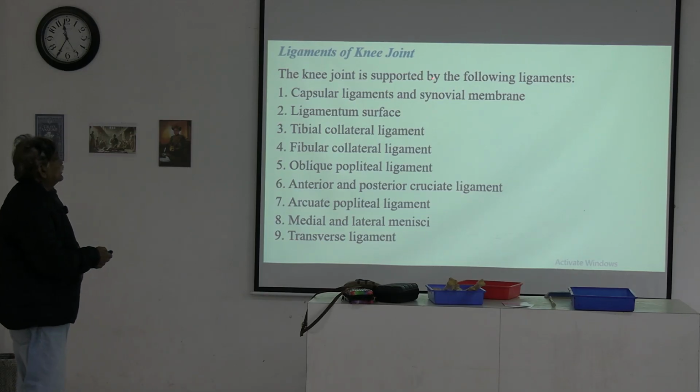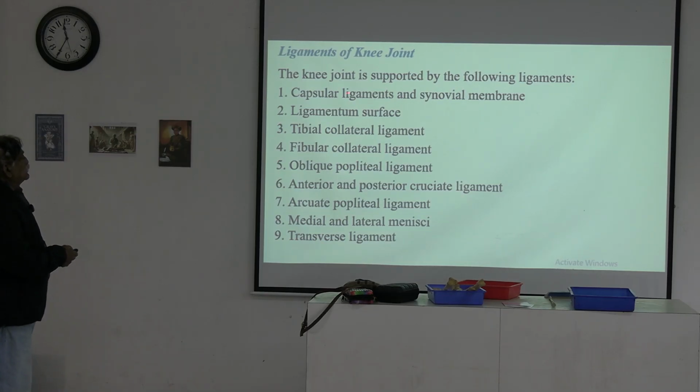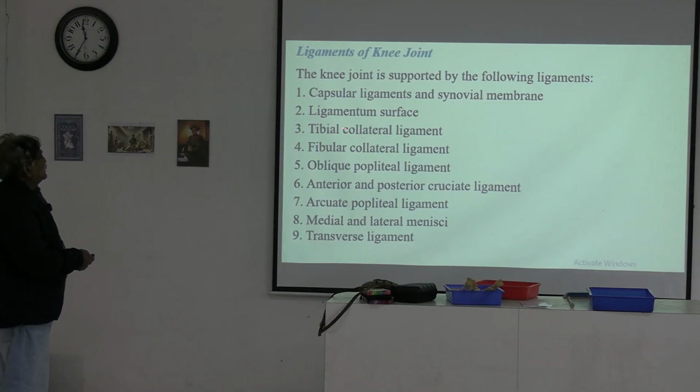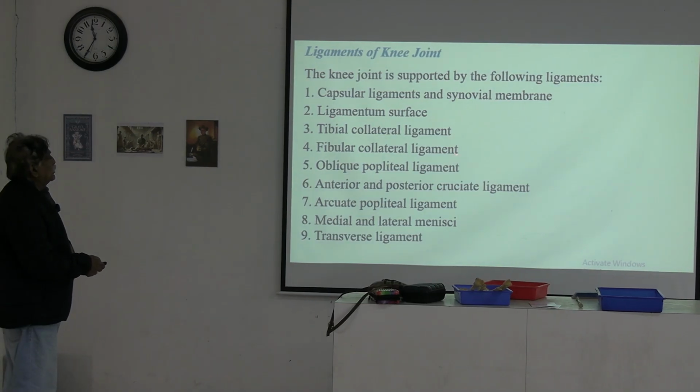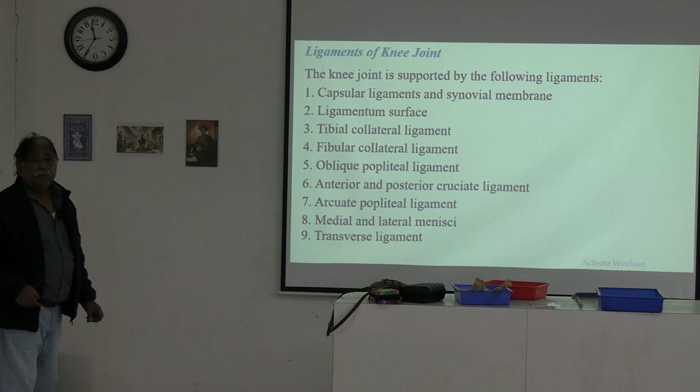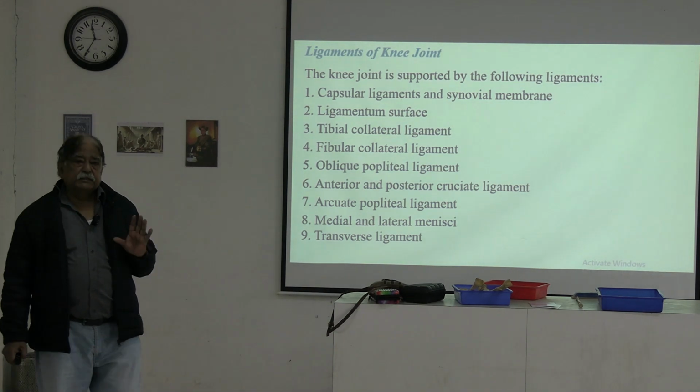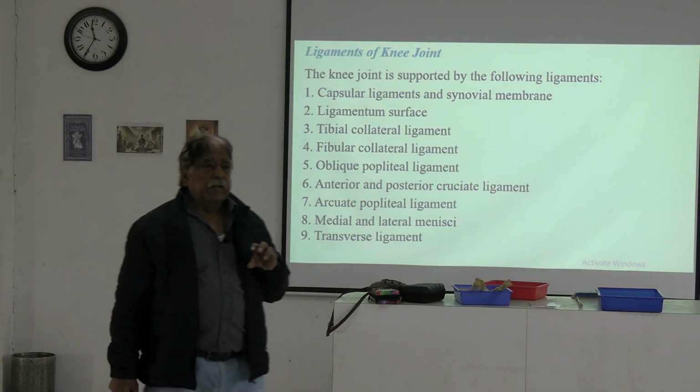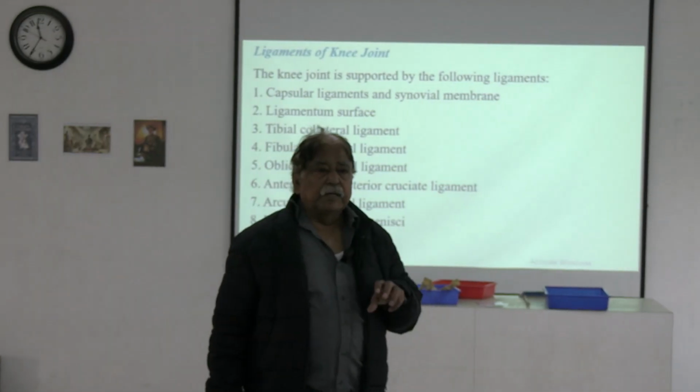Now, the knee joint is supported by the following ligaments: capsular ligament and synovial membrane, ligamentum patellae, tibial collateral ligament, fibular collateral ligament, oblique popliteal ligament, anterior and posterior cruciate ligaments, arcuate popliteal ligament, medial and lateral menisci, transverse ligament. This is the minimum framework.